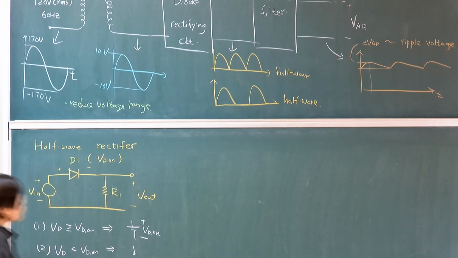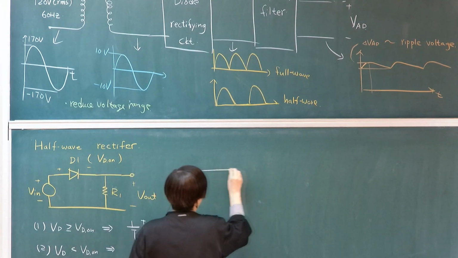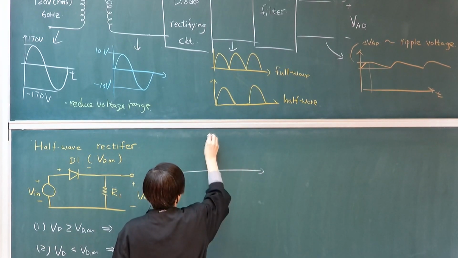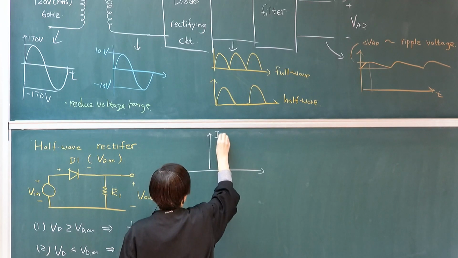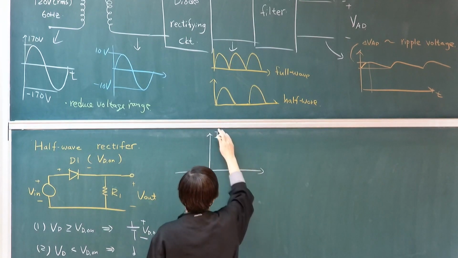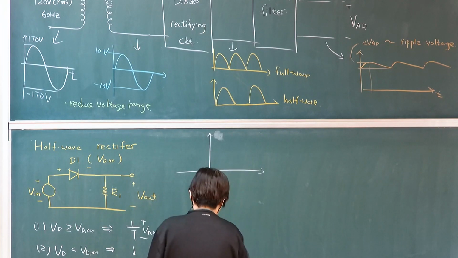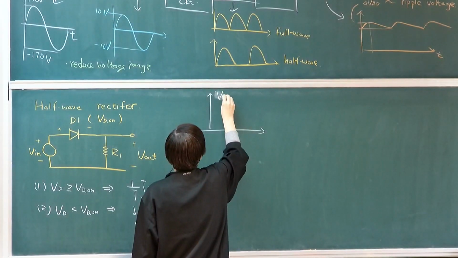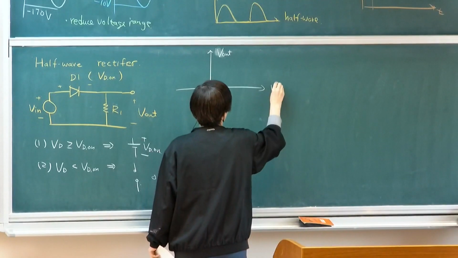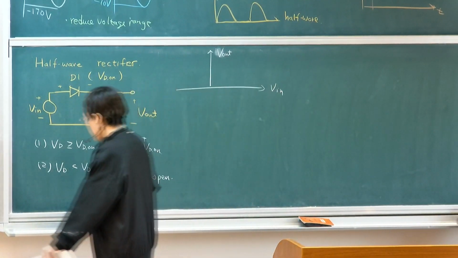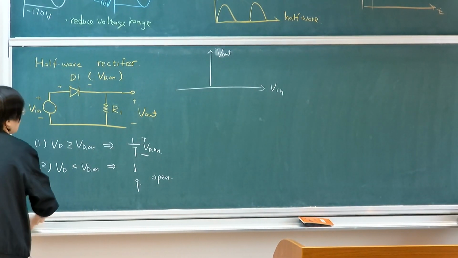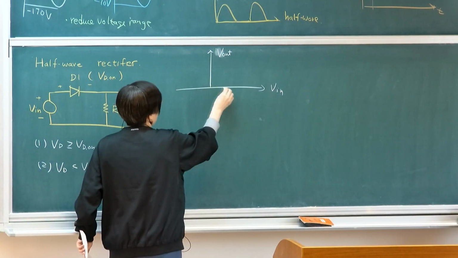So the transfer function, we already plot that before. So it will look something like this. VL versus VN. If you look at the transfer function, it will be something like this.